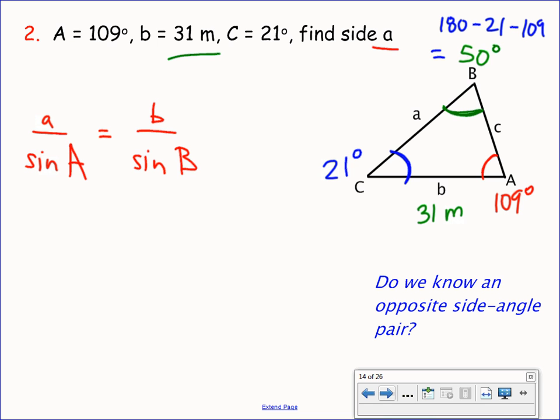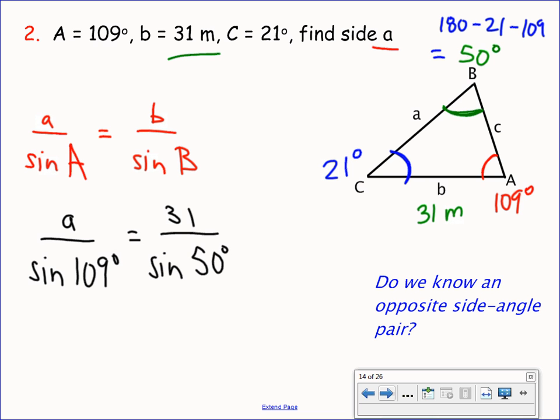Let's rewrite with our given information. A is my unknown, but I do know that angle A is 109 degrees, equals side length B, 31 meters, over sine of angle B. We just found angle B was 50 degrees.